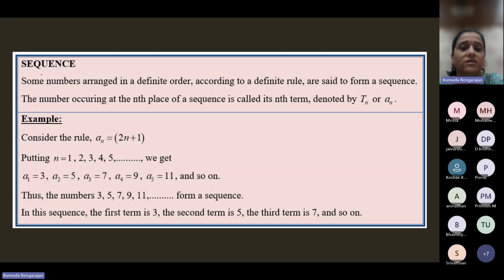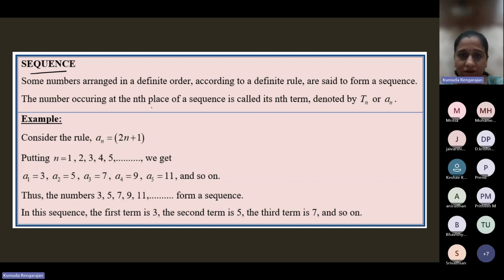So now let's understand what this term sequence means. A sequence is a set of numbers arranged in a definite order following a definite rule.